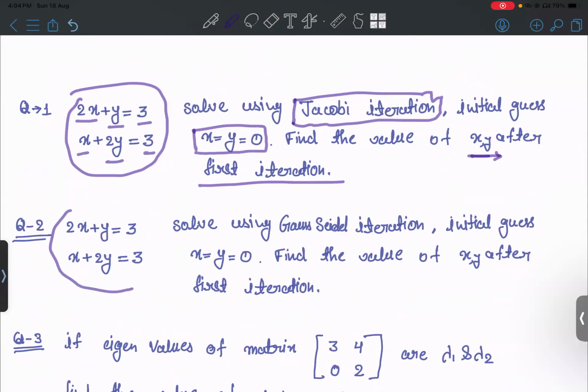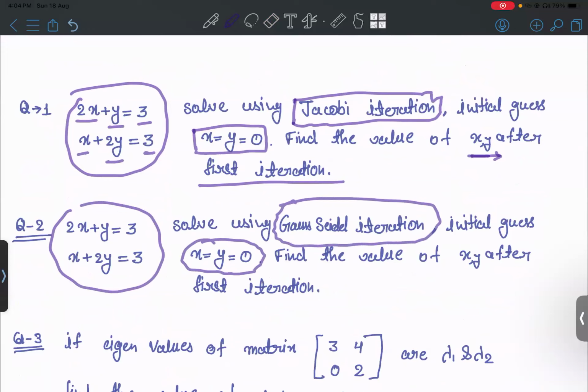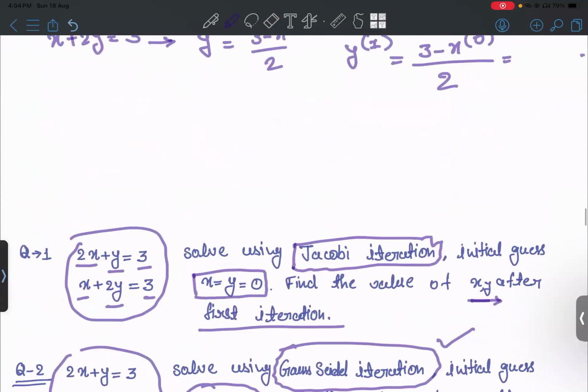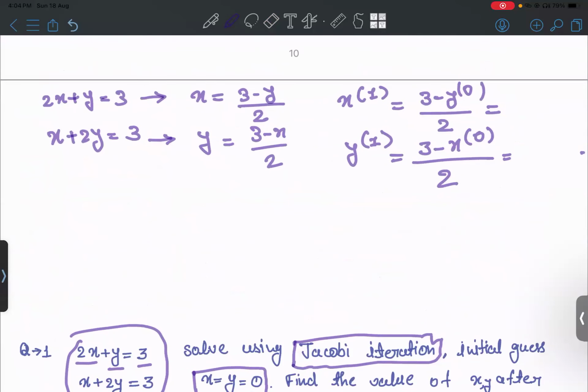Now the same equation we want to solve using Gauss-Seidel iteration. The initial guess is the same, x equal to y equal to 0. We want to find x and y after the first iteration, but this time using the Gauss-Seidel method. In the Gauss-Seidel method, the latest value is used. x at the first iteration will be equal to 3 minus y at the 0th iteration divided by 2.